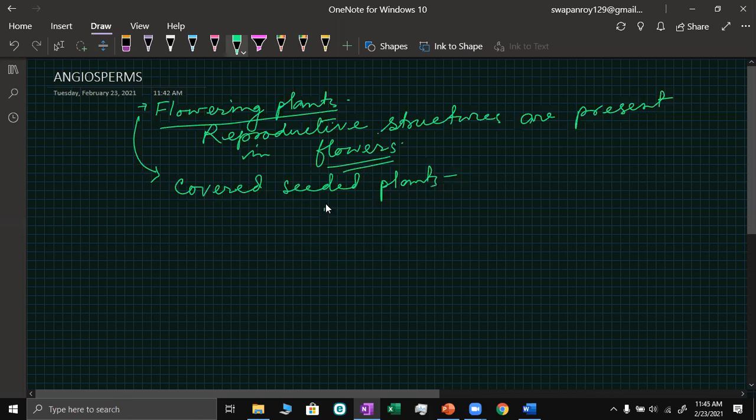because the seeds are protected within fruit.